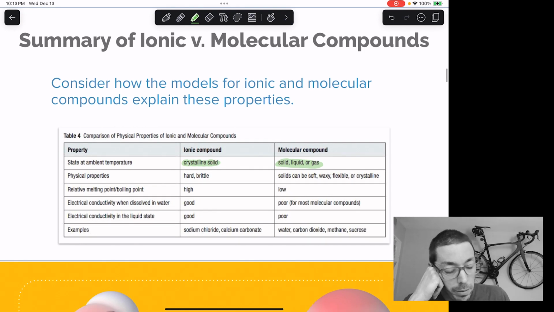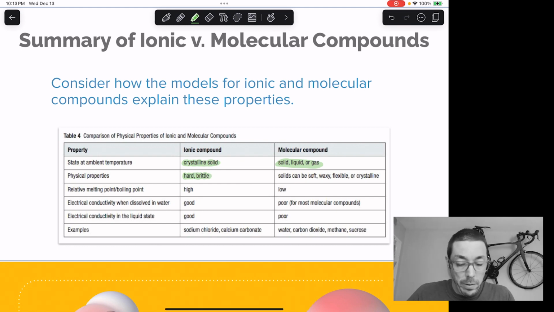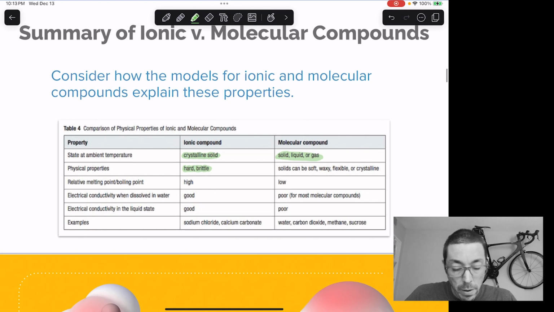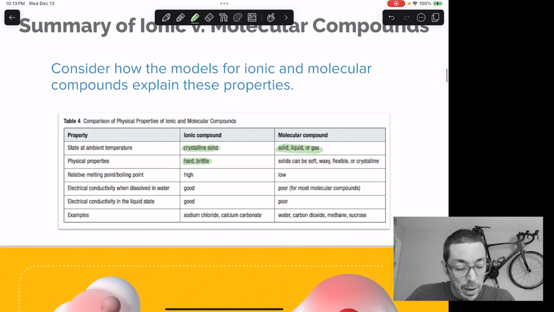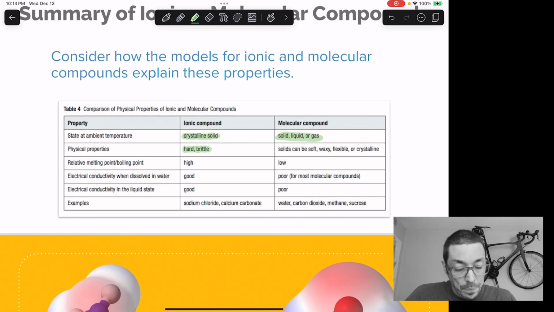Molecular things also tend to be more soft or waxy or flexible, but they could also be crystalline, whereas ionic compounds are pretty much always hard and brittle. And they have the opposite property in terms of melting and boiling points, opposite properties in terms of conductivity when dissolved in water, and conductivity in the liquid state. And we've already mentioned a bunch of examples for each. So that's just a comparison.